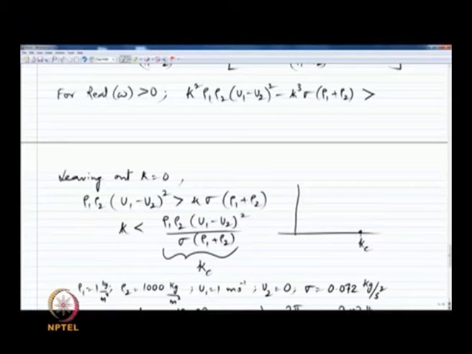Now, if we plot the maximum real part of both omega 1 and omega 2, which we will call our omega, versus k, this plot is often called the dispersion diagram.